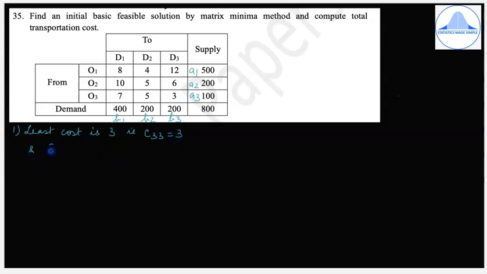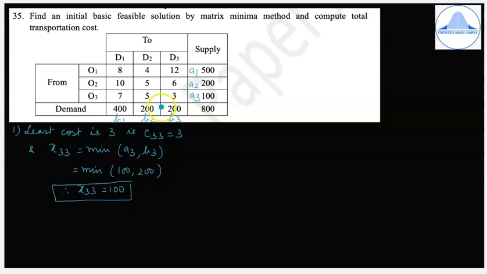And the allocation will be X33 is equal to minimum of A3, B3, which is equal to minimum of 100, 200. So you get X33 is equal to 100.